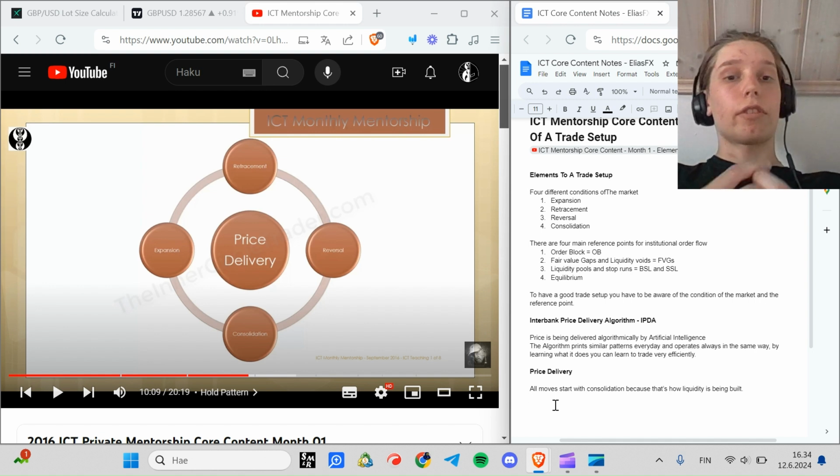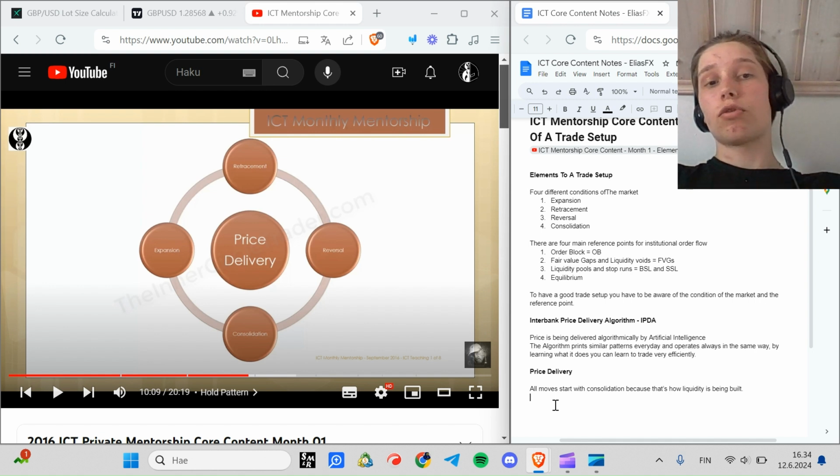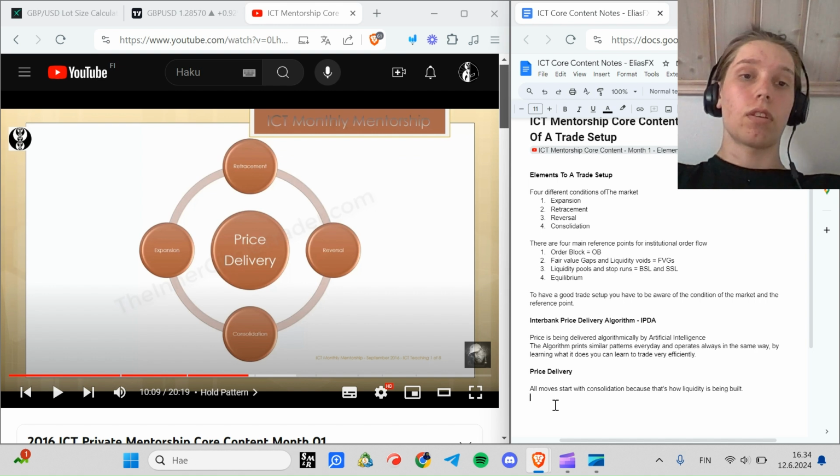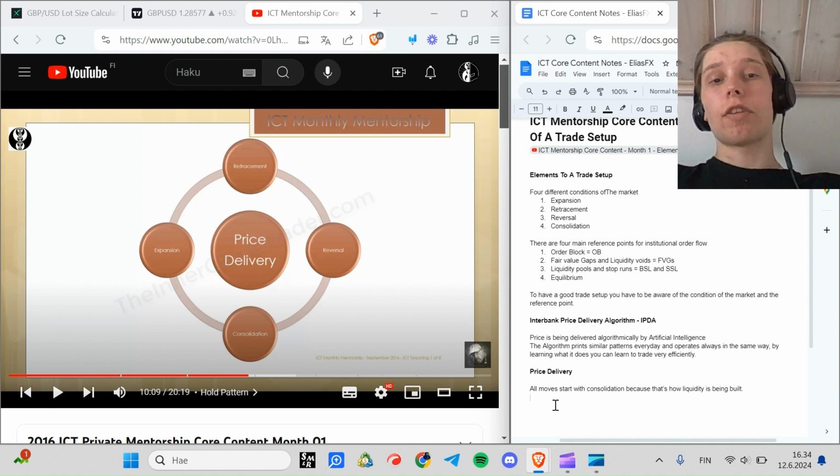not always are you going to know where the market is going, so you should wait for an expansion to be able to identify a little bit clearer what is the real direction of the market.